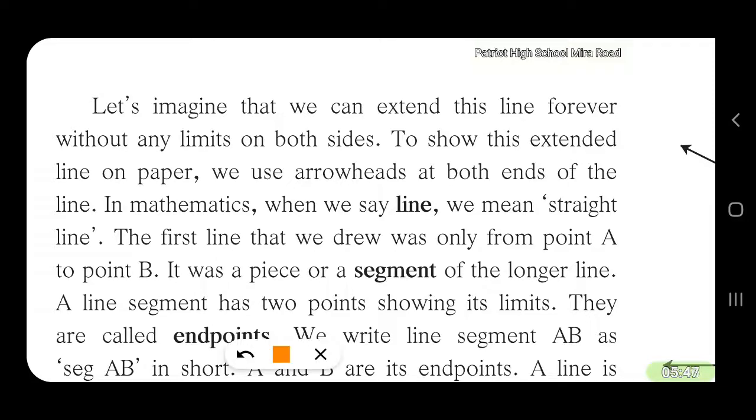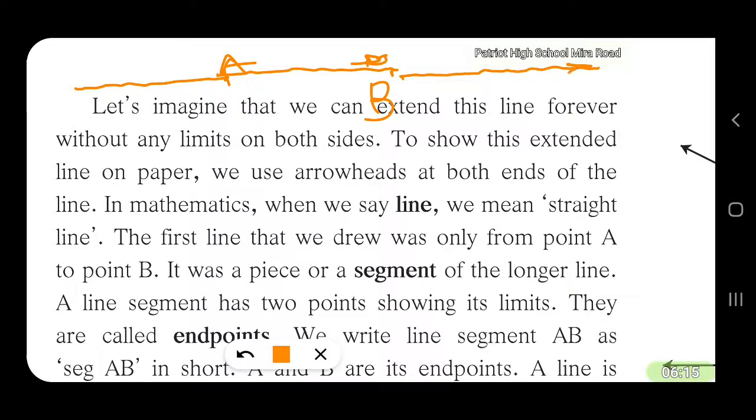Let's imagine that we can extend this line forever. Suppose you have line AB. You can go on extending it forever without any limits on both the sides. To show this extended line on paper, we make use of arrowheads.